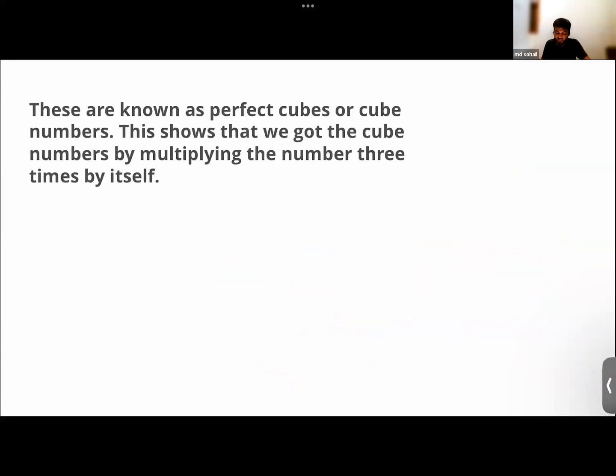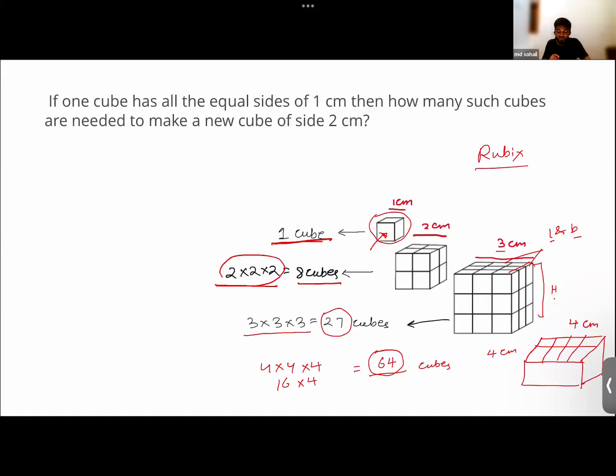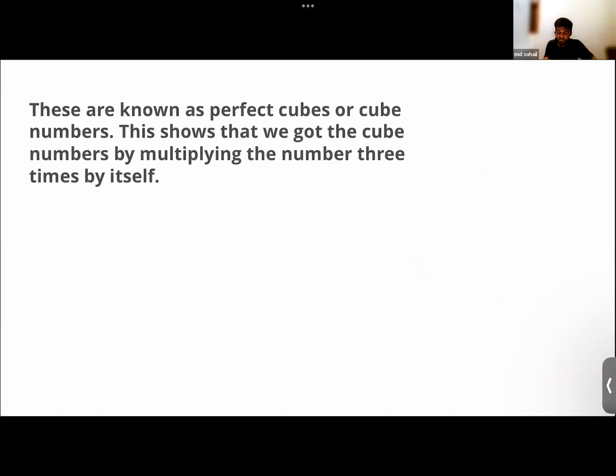Okay, sir. Now, these numbers which you saw here, like 1, 8, 27, 64, and if you move further, 125, 216, these numbers are called perfect cube numbers.